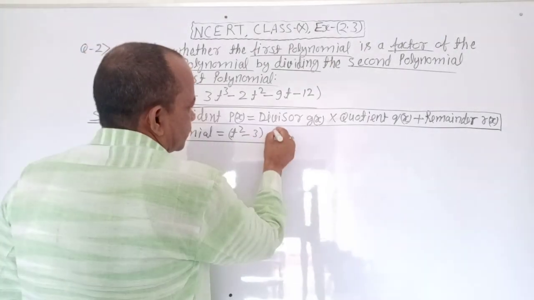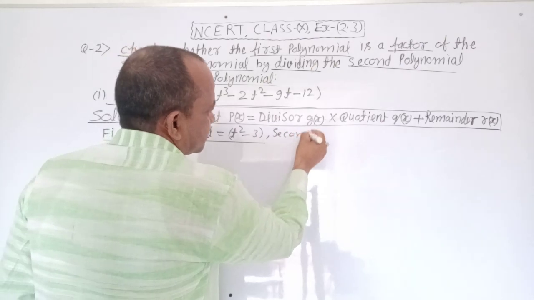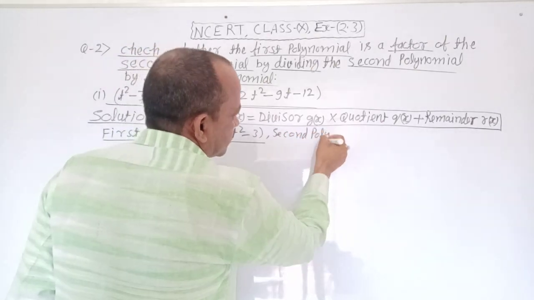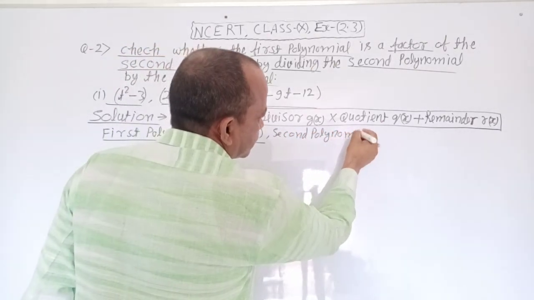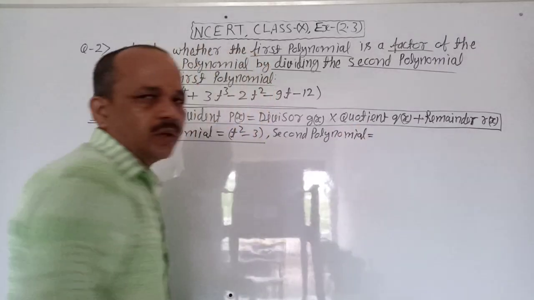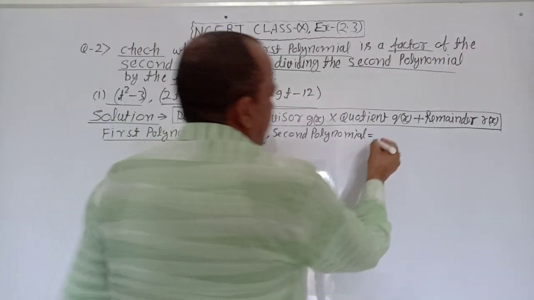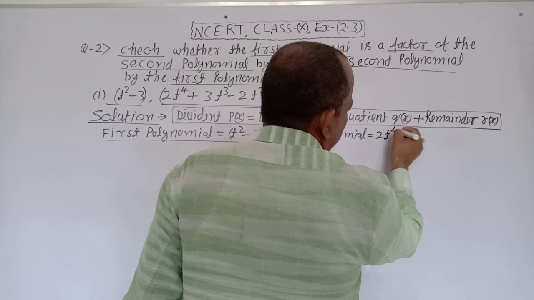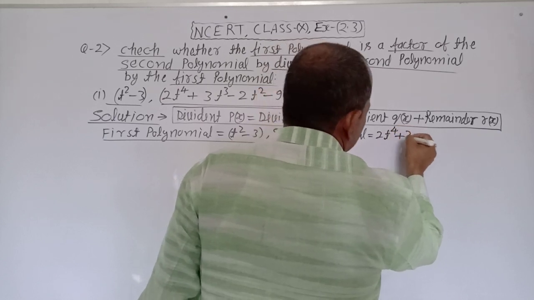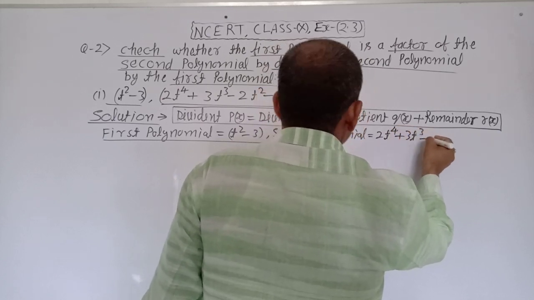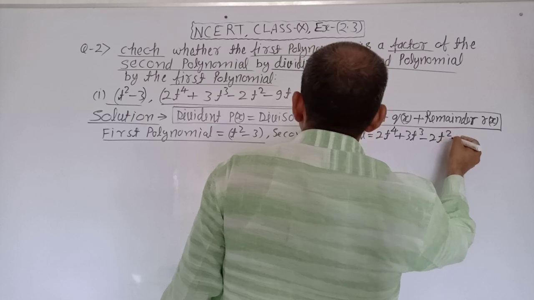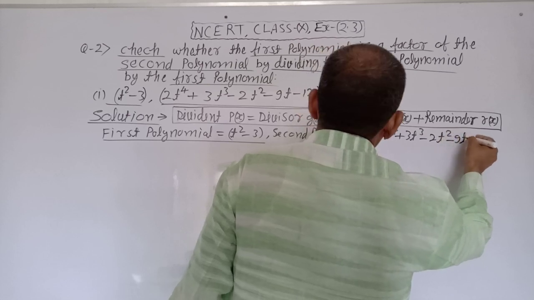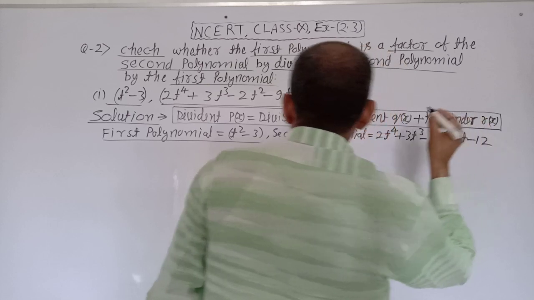Second polynomial equals 2t power 4 plus 3t cube minus 2t square minus 9t minus 12.